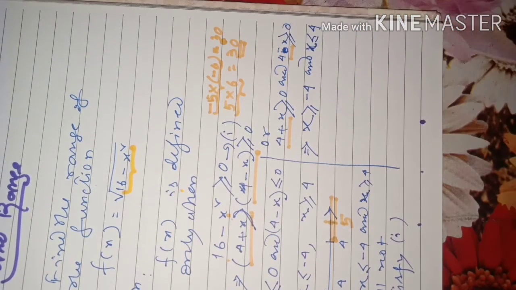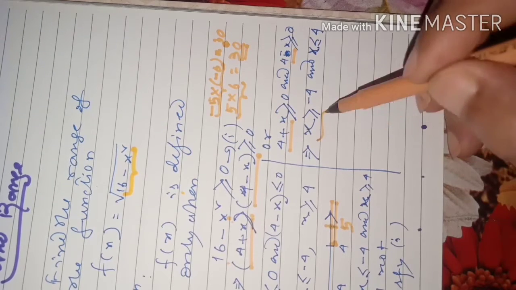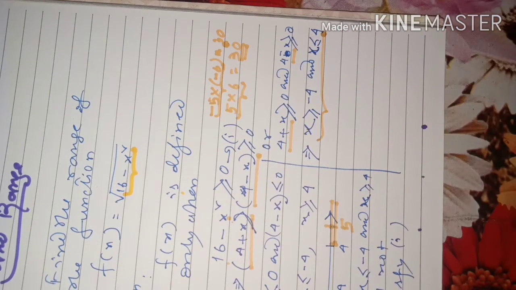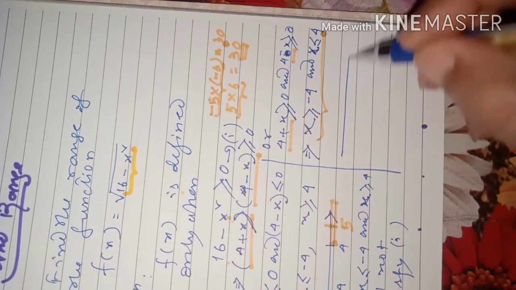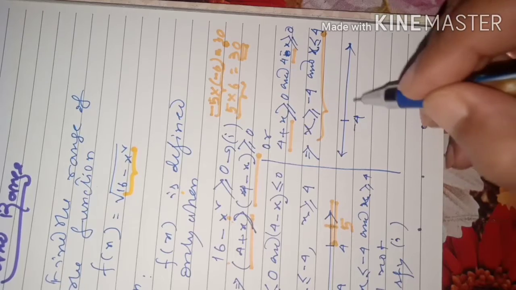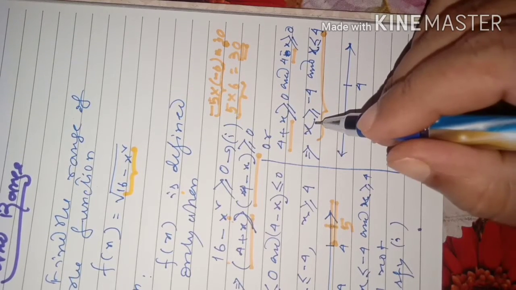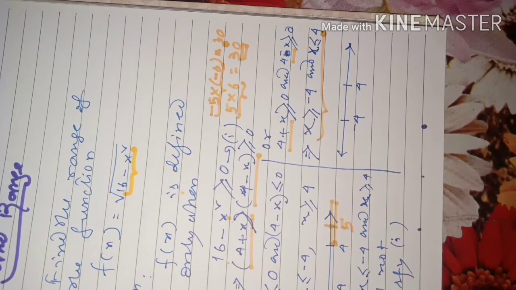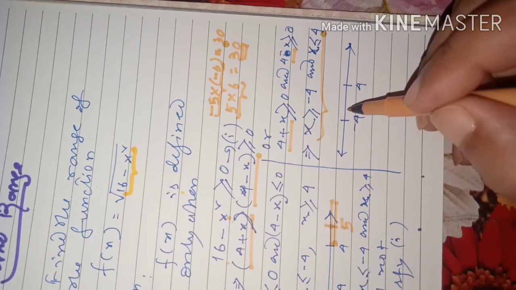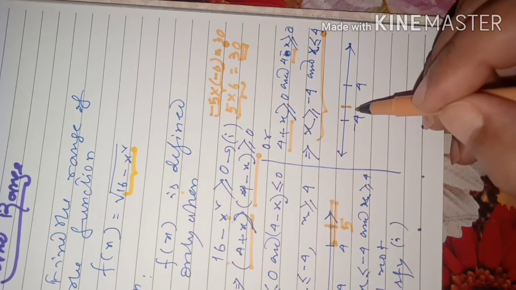Now if we look at the values defined by these two inequations, suppose this is the set of real numbers, and minus 4 is here and plus 4 is here. X which is greater than minus 4, just think, greater than minus 4 is this one. Say here minus 3 is there.